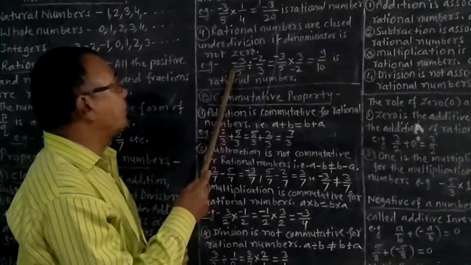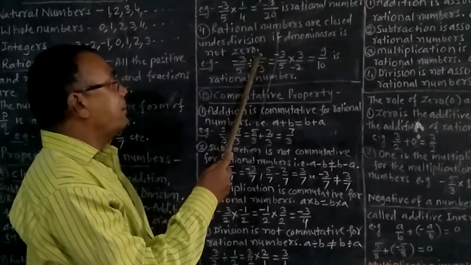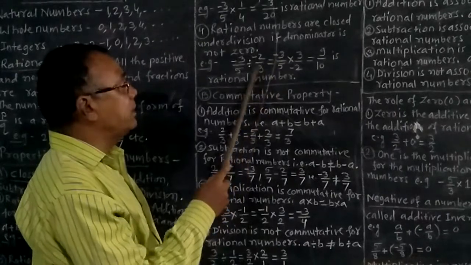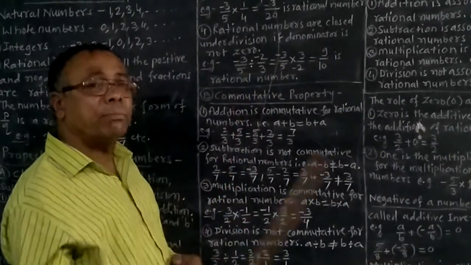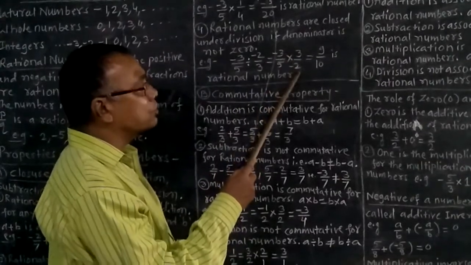Now we will see one more example, that is minus 3 upon 5 divided by minus 2 upon 3. Division means multiplication by inverse, and the inverse of minus 2 upon 3 is 3 upon minus 2.